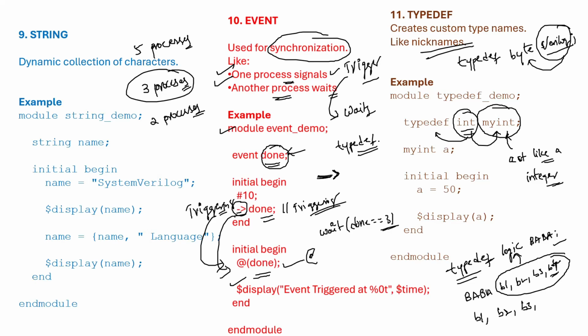Based on typedef, whatever data type you want to represent, you can represent that. Suppose byte I am representing here, then you can represent the byte value. If bit I am representing here, you can represent the bit. Whatever variables you are taking, this a I am taking, that a will act like a bit, then a1, a2, a3, a4, different bit data types I am creating here. That is the user defined data type.